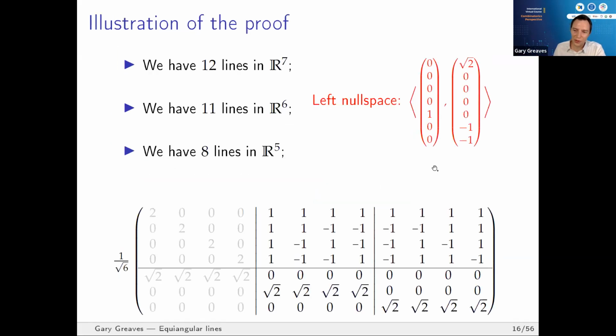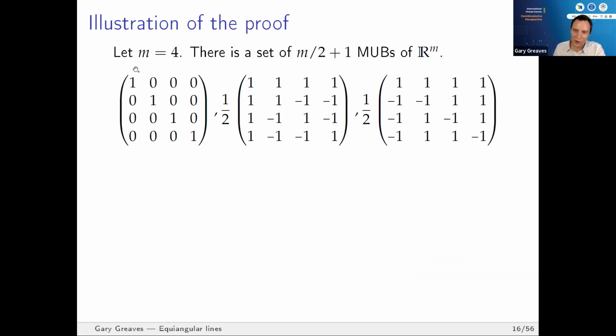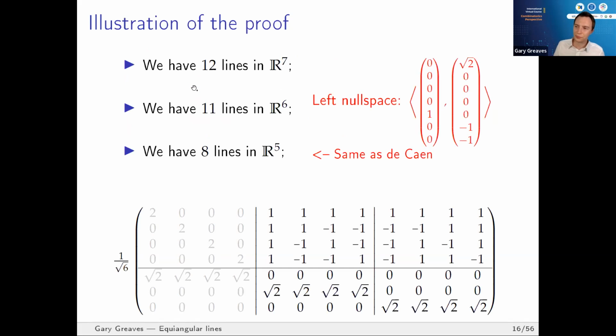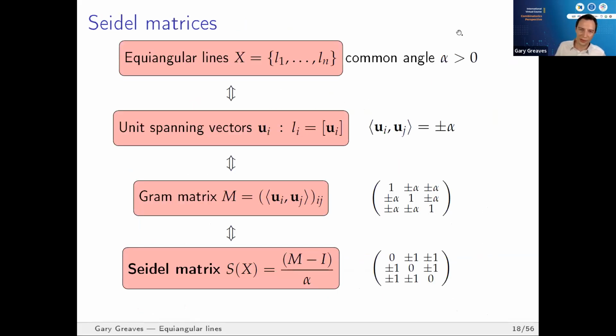So let's just go back to a concrete example. I can always just take some set of vectors like this, the standard basis. That will give me d lines in dimension d, common angle 0. Not very interesting at all. We avoid this case because it causes us some problems if we allow it into our definition of the Seidel matrix. So we assume the common angle is positive.